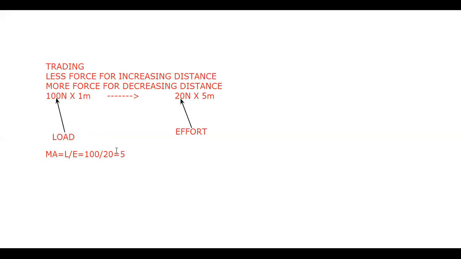So I am getting the advantage on force, but I am losing on distance, because the machine is applying a force of 100 Newton for 1 meter. Clear? But in exchange, I am applying less force, but look at the distance for which I am applying.